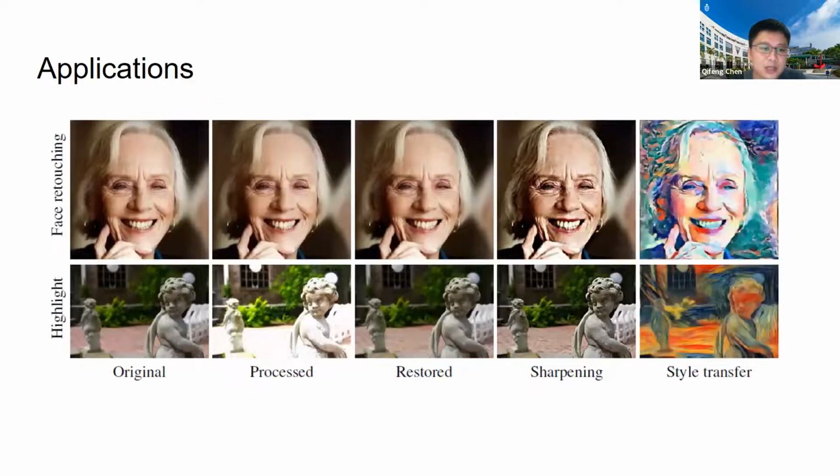So some applications, for example, suppose we have an original image like this, and we have processed the image, but we can also restore the original image, and we can add more image editing, for example, sharpening, style transfer on the original image.